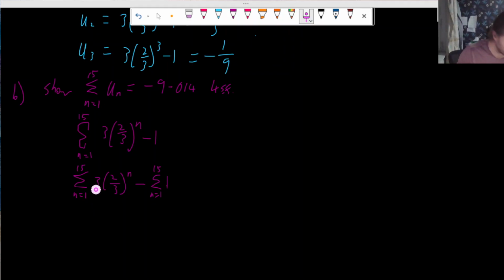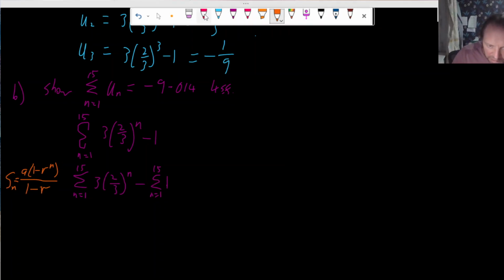And so we can use on that S_n is equal to the start term times 1 minus the ratio to the power n, all divided by 1 minus r.